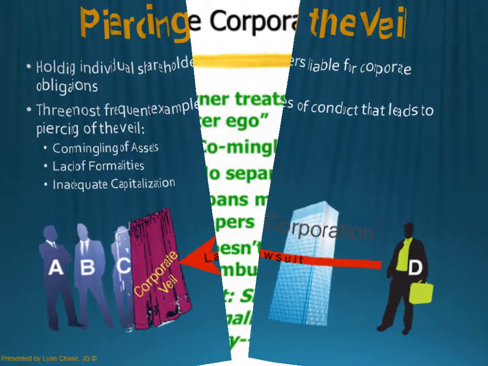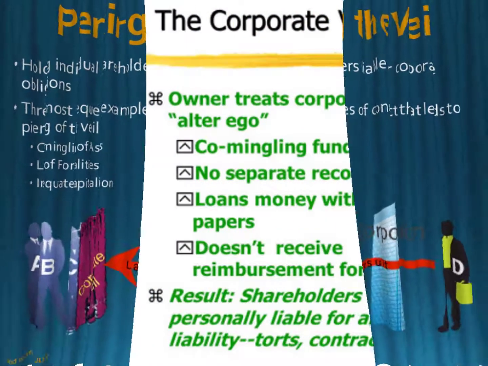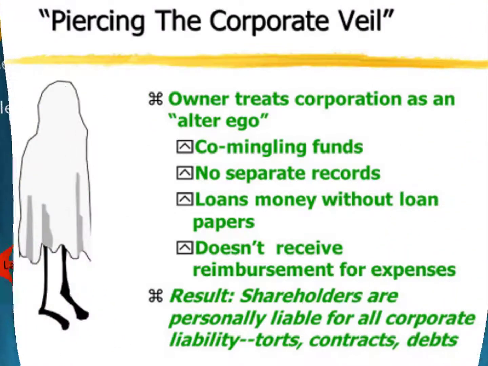Piercing the corporate veil often occurs when the owners fail to treat the corporation as a separate legal entity, but assume that they are personally one and the same. This condition is often referred to as the owners treating the corporation as their alter ego.